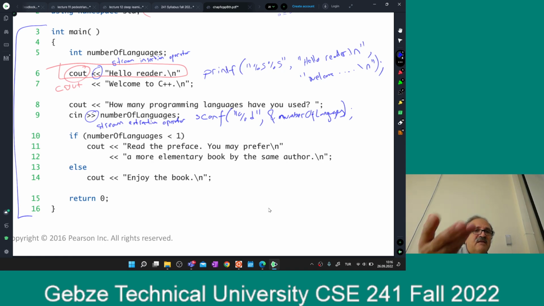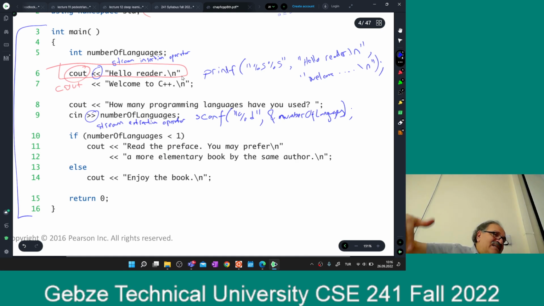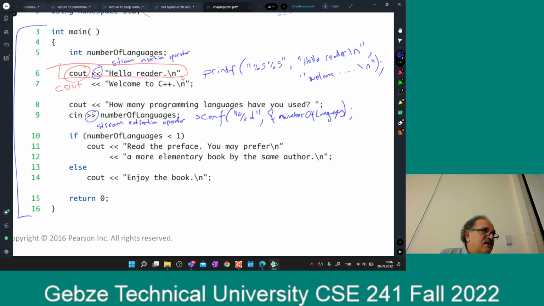And again, with cout, when you print a string, if that string doesn't have an end of line or the \0 character at the end of it, it's going to cause some problems. So these are not safe. But this course is not about data safety or system safety. We are talking about object-oriented programming. There are ways of making this stuff safer, and C and C++ can be used in that case too.